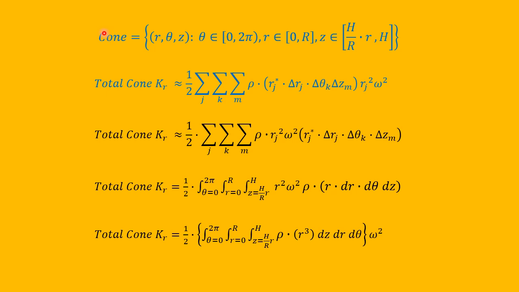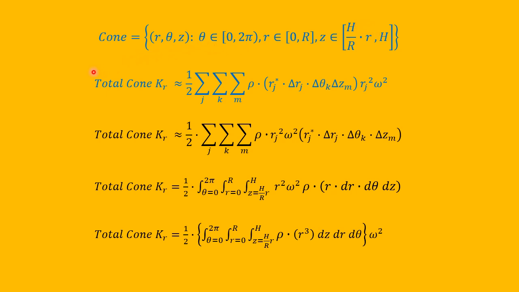So let's remember that the interior of the cone, that three-dimensional interior, can be written in terms of polar coordinates. It's a set of points r, theta, z, where theta is between 0 and 2 pi, little r is between 0 and capital R, and z is between capital H over capital R times little r and capital H. In this description, capital R is the radius of that cone, and capital H, which appears here and here, was the height of that cone.